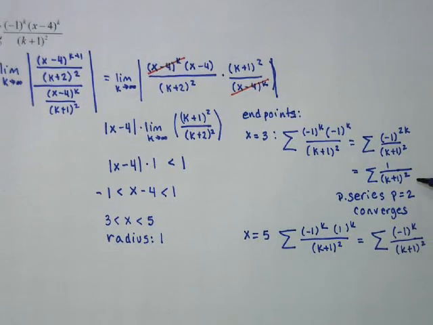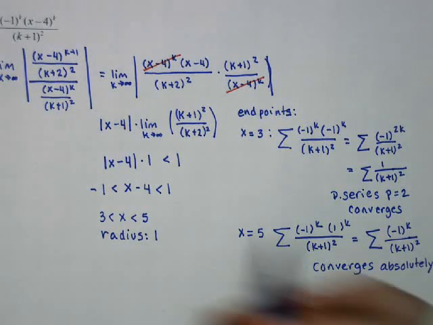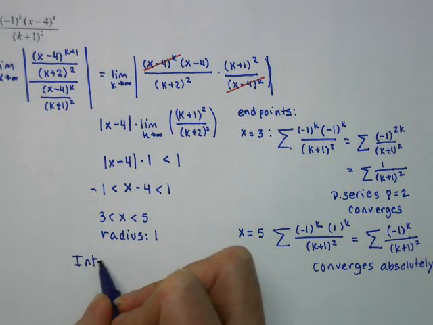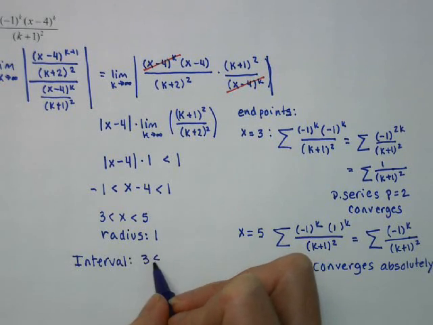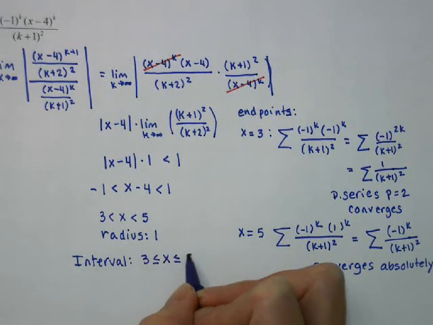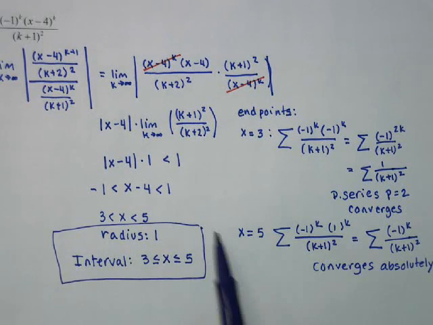Well, if this one converges, the alternating one also has to converge, because it converges absolutely if the absolute value one converges. Okay, so our interval will be 3 ≤ x ≤ 5. Both endpoints are included here.